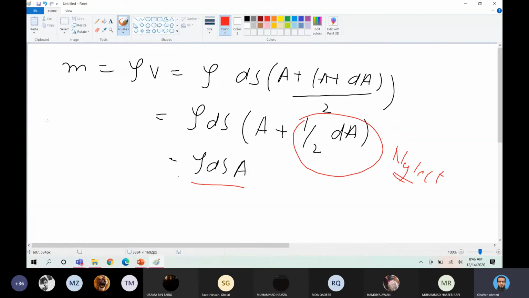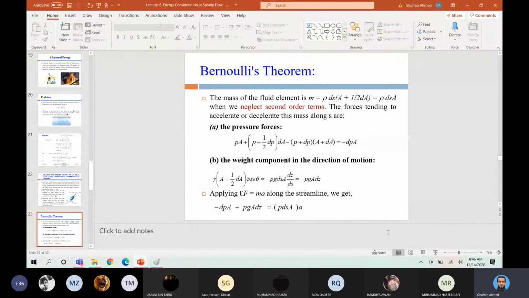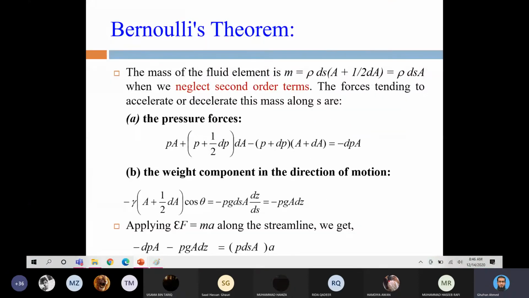So the last thing which is left in this equation is the expression for acceleration a. How can we calculate this expression? After finding the mass and the pressure forces, we apply the sum of the forces equal to m a along the streamline, so these two forces equal m a.